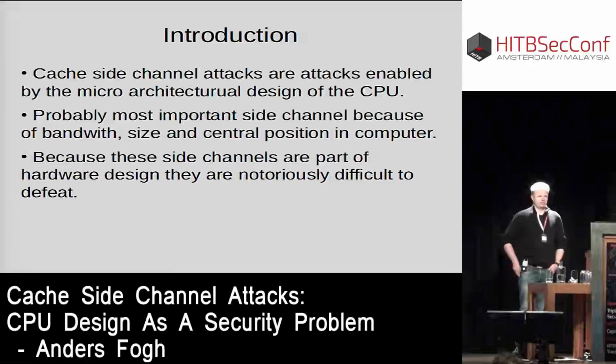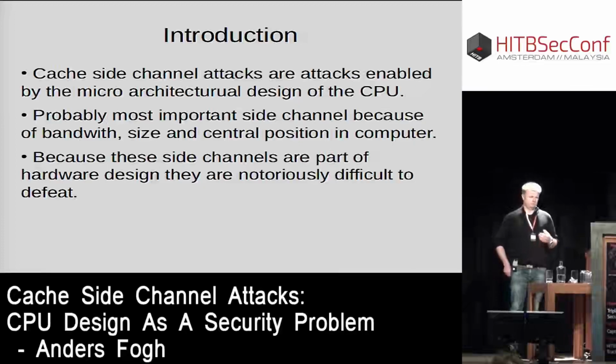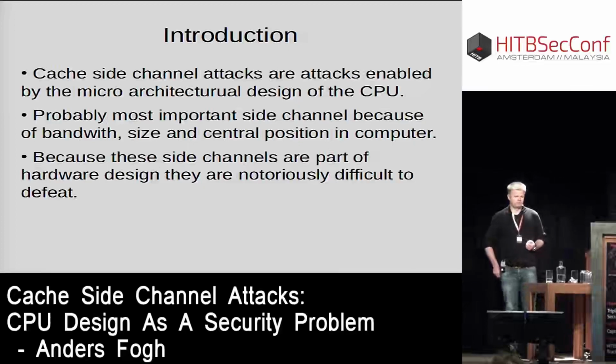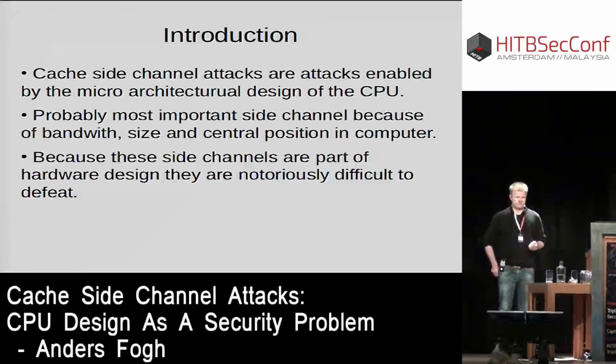Cache side channel attacks are probably the most important side channel in modern computers because of the bandwidth that the memory subsystem holds, because of the size of modern caches that measures in megabytes, and the central position in the computer system. With the bandwidth, it's just a matter of how much data you can get across your side channel. The size makes data stay longer and lets you actually get the data out of the side channel.